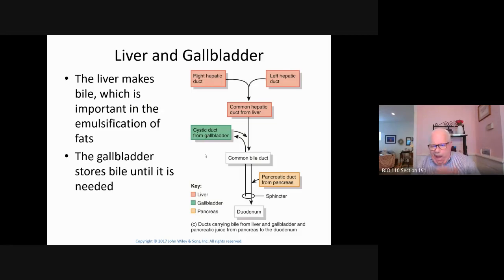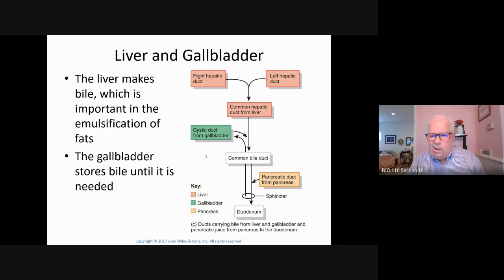Now, the pancreas itself is a digestive enzyme producer. 90% of the pancreas functions as the producer of enzymes involved in digestion. 10% of the pancreas is an endocrine organ producing two hormones, which we'll talk about in the endocrine system.